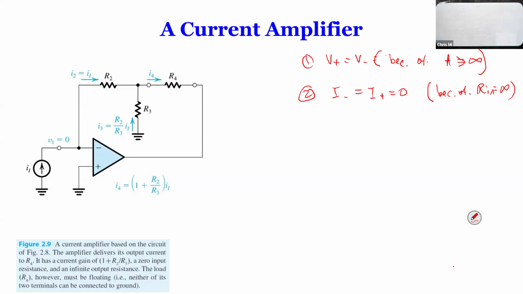So we can easily calculate the voltage at, you can call it Vx here.